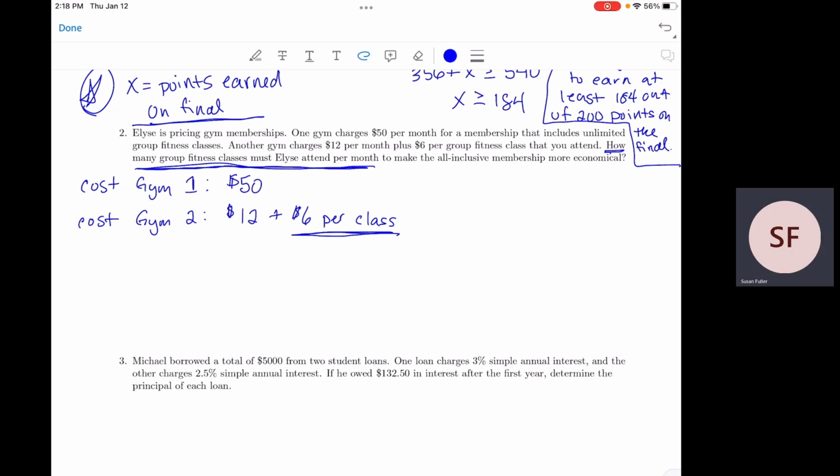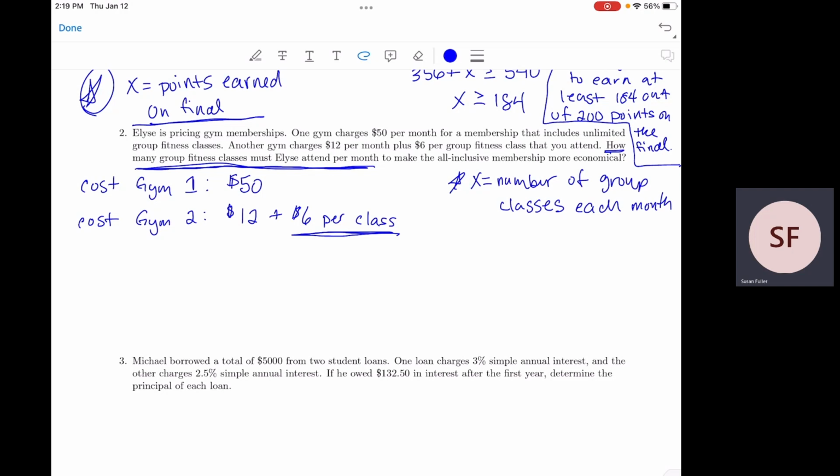Again, you can call the variable anything you like. I'm programmed to make it X, so I'm just going to go ahead and make it X. So I'm going to make a note here and say X equals the number of group classes, and I'll say each month just to make sure that that's clear in my brain.